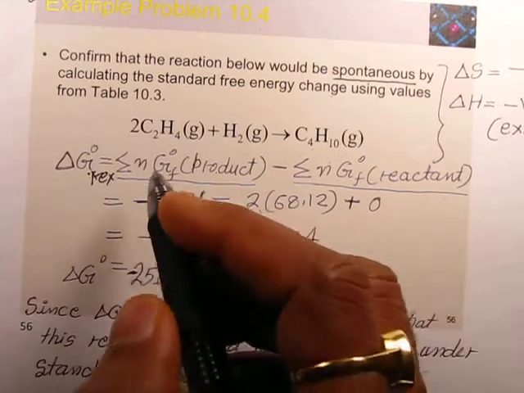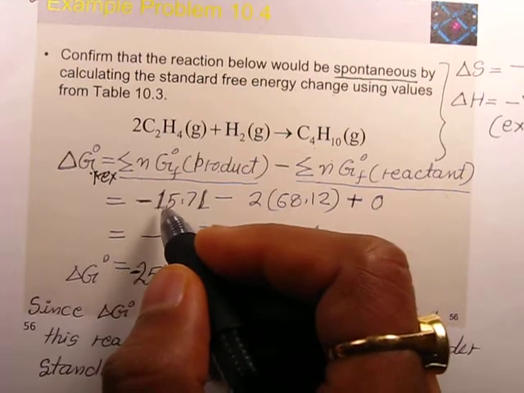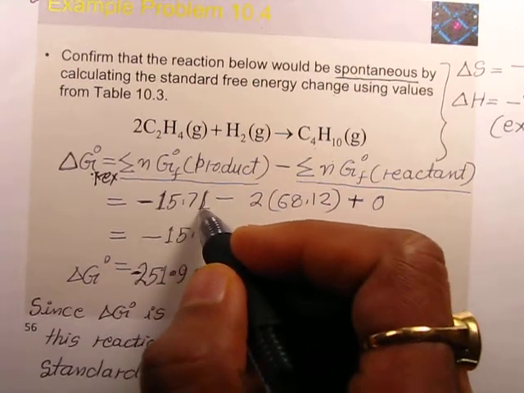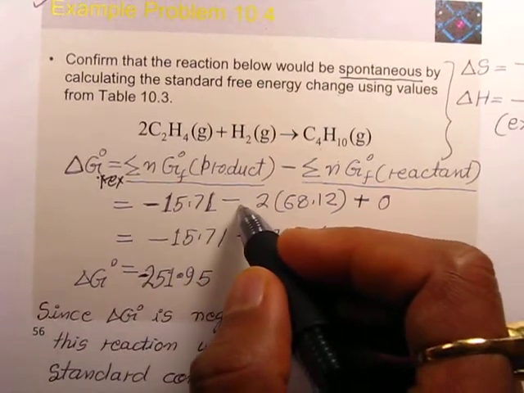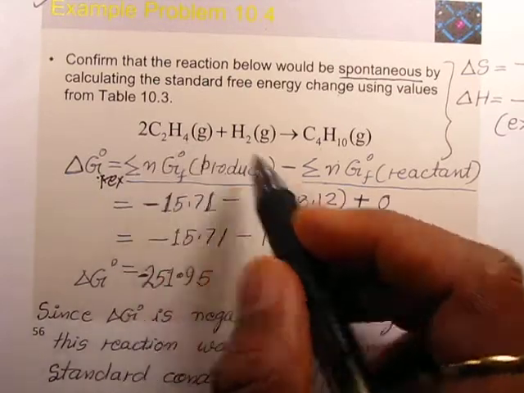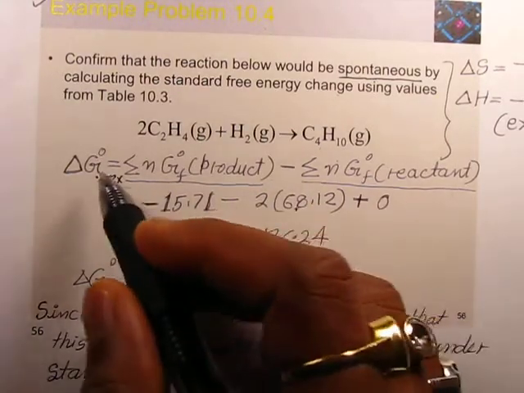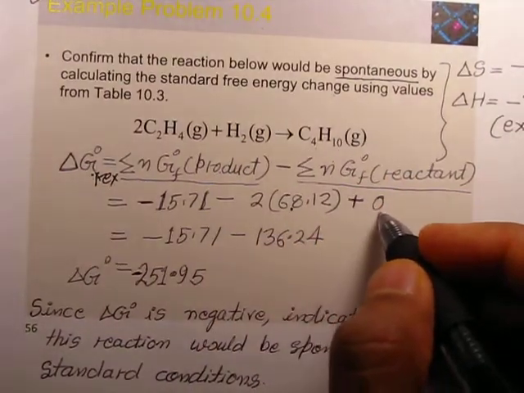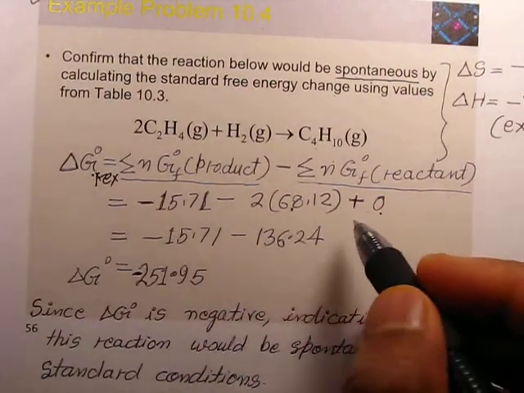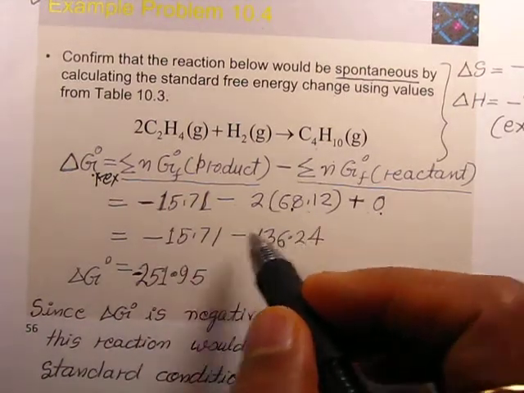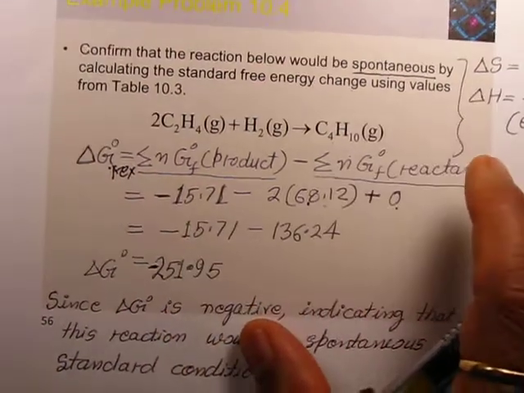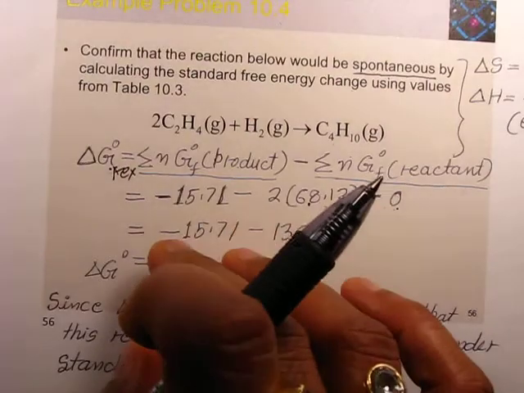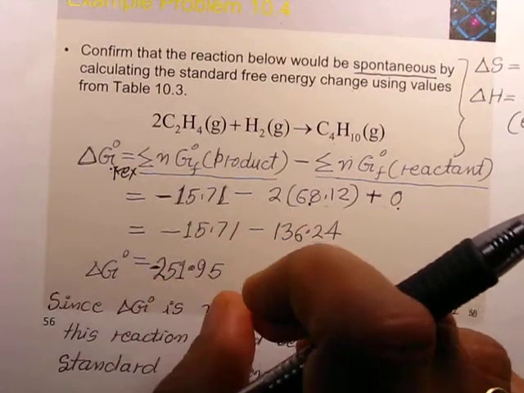and based on the table, there is 1 mole multiplied by minus 115.71, and then minus 2 moles of C2H4 multiplied by its value, and delta G for hydrogen, which is again elemental form, will be 0. So the simple math: we have to multiply and then subtract. When there are two negatives, they add up together.